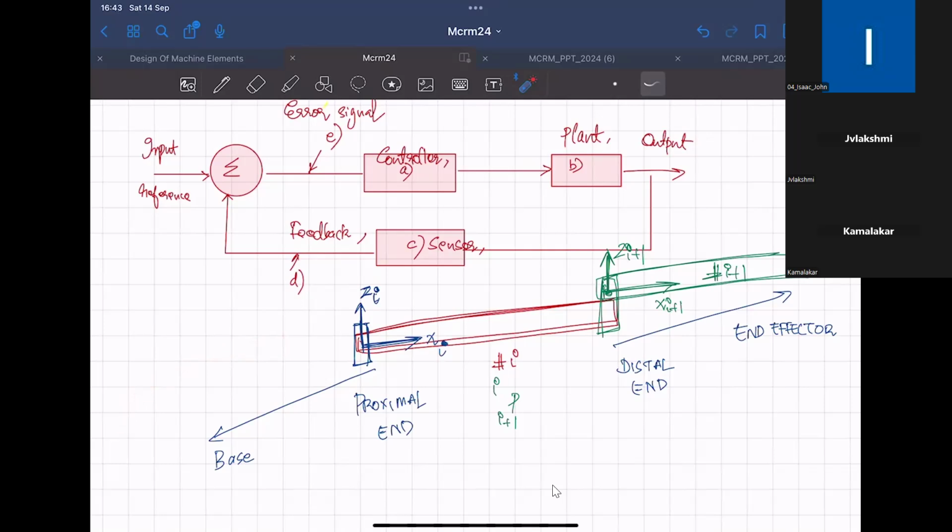So if you know something at the ith joint, if you want to bring it to the I plus 1 joint, you have to use this rotation matrix, I plus 1 with respect to I. That is why we have this rotation matrix.